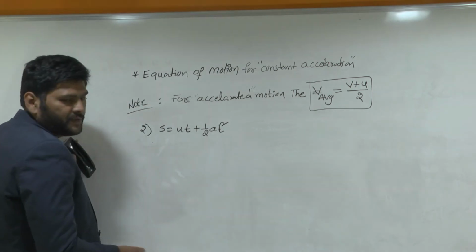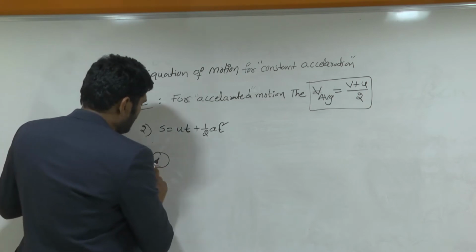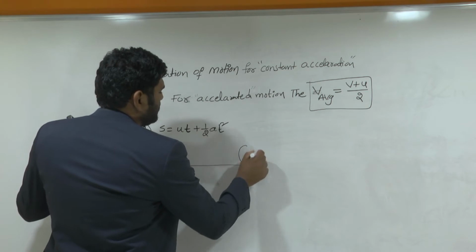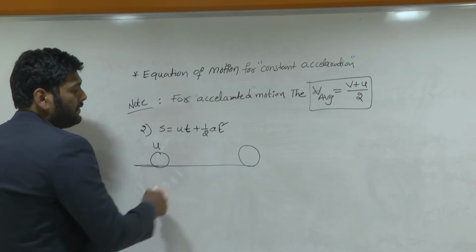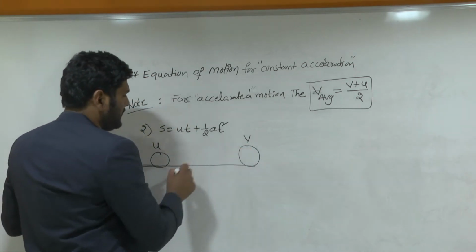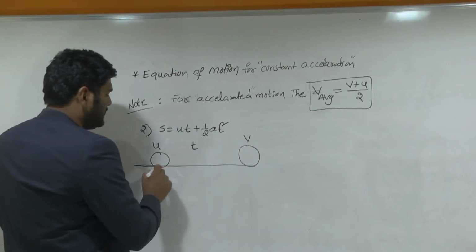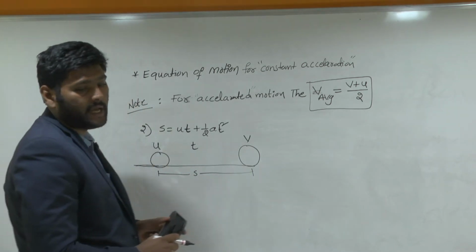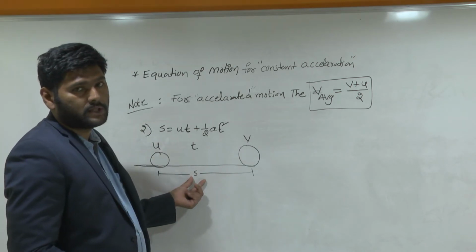Again I will take the situation one more time. This is an object moving in a straight line path. It reached this position. Initially it has velocity u, after some time it has the velocity v. The time taken for this is t. In this time it is displaced some distance s.